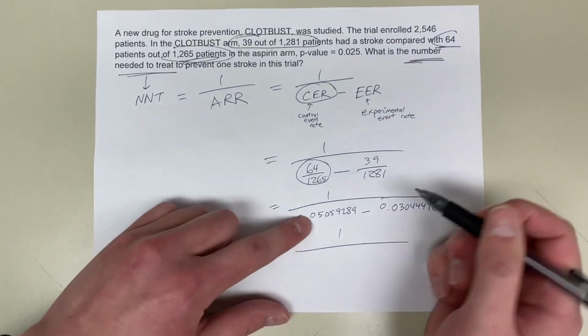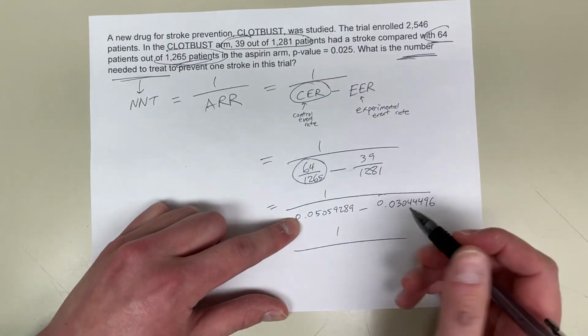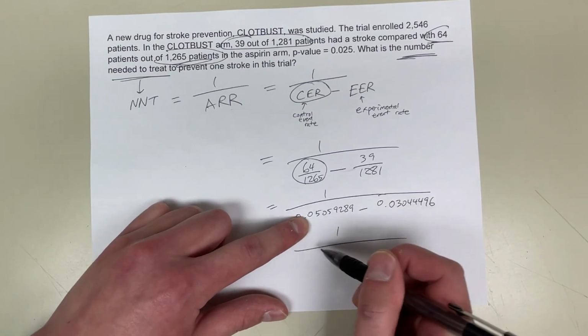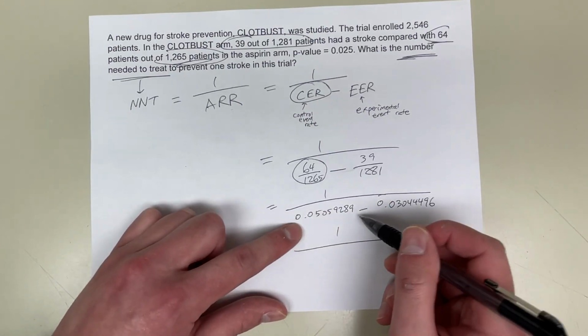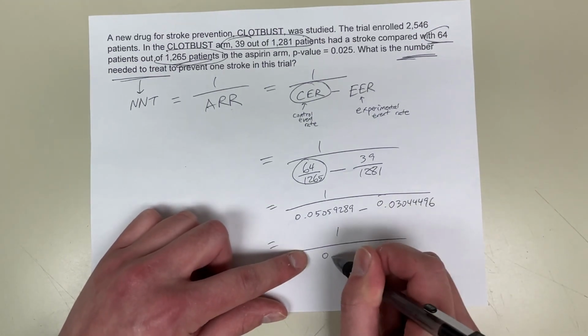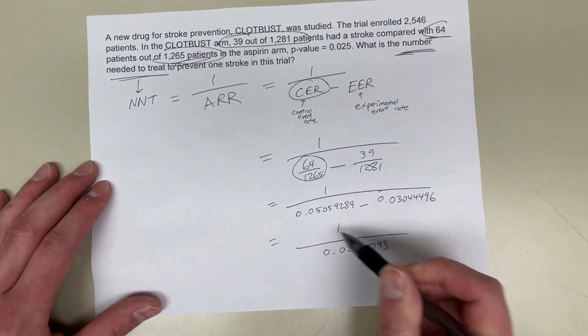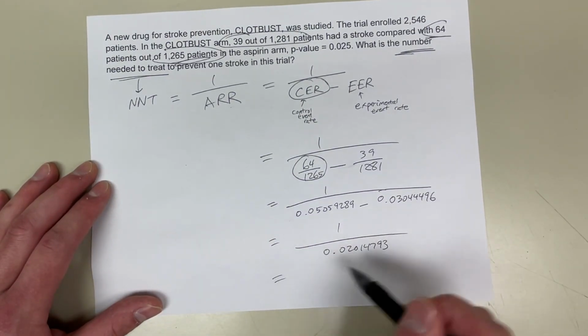I'm going to do the subtraction in the calculator, because you have a really basic calculator. So 0.05059289 minus 0.030444496 equals 0.020147993. This is easier to put in your very basic calculator.